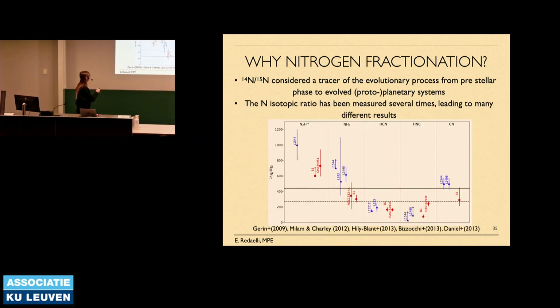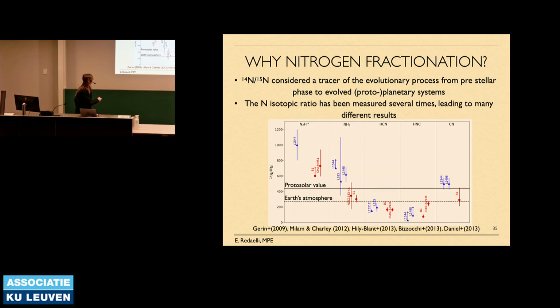So this is a plot of the 14N/15N ratio. The first few things I would like you to focus on is, first of all, this line at 440. This is the protosolar nebula. This was measured in the solar wind. So we know it's correct. And this is the N2 in the Earth atmosphere. Of course, N2 is a major component of our atmosphere.